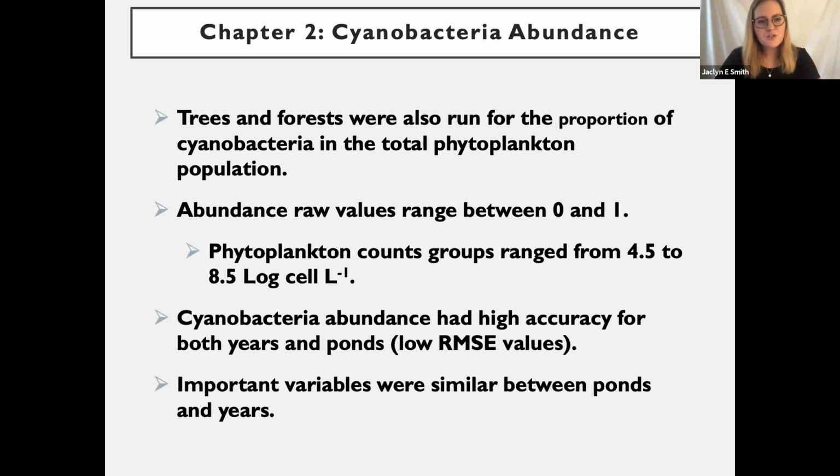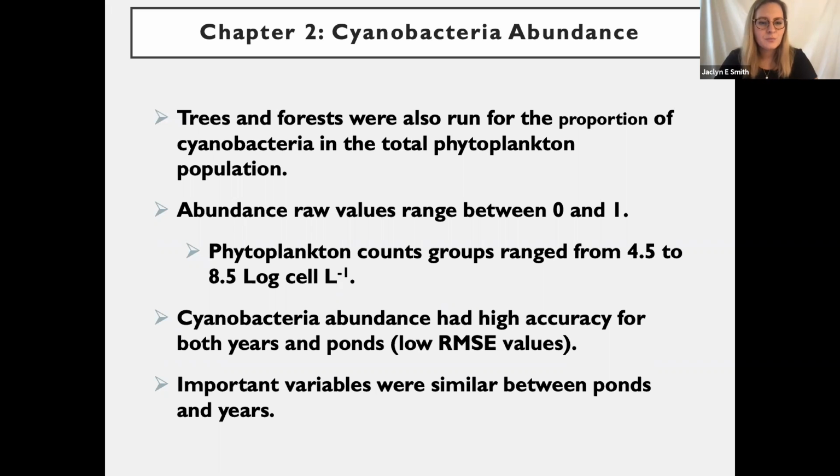So all of this was actually run as well with cyanobacterial abundance. Up to this point, everything has been shown as a concentration of phytoplankton, so cells per liter, and ours typically ranged from about 4.5 to 8.5 log cells per liter. The abundance is a little bit of a different way to go about looking into this, and we took the total cyanobacteria and the proportion of that compared to all the phytoplankton in the pond.